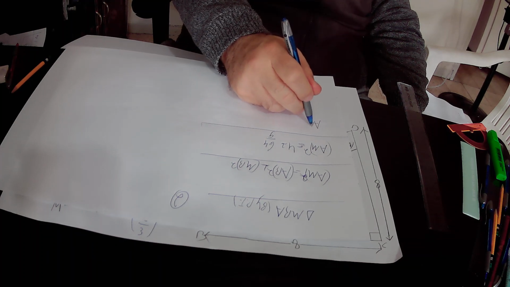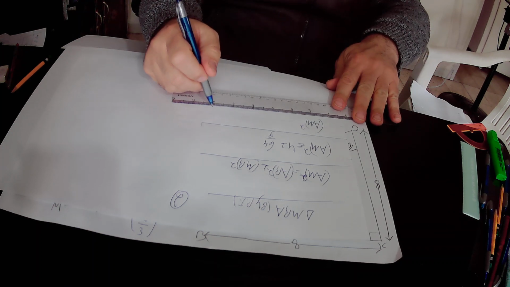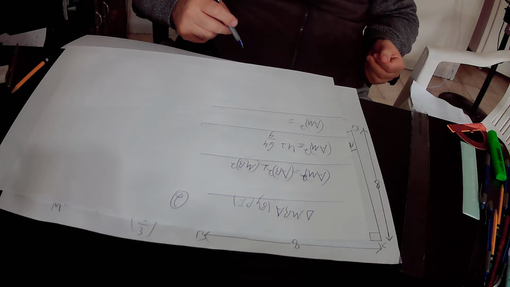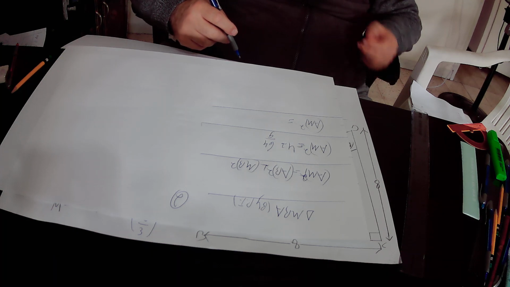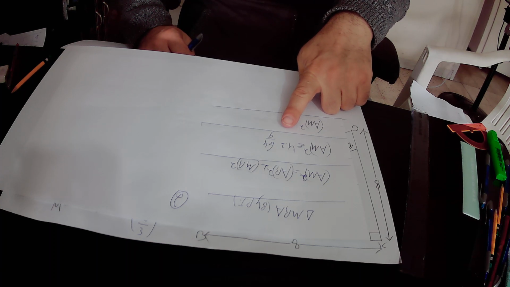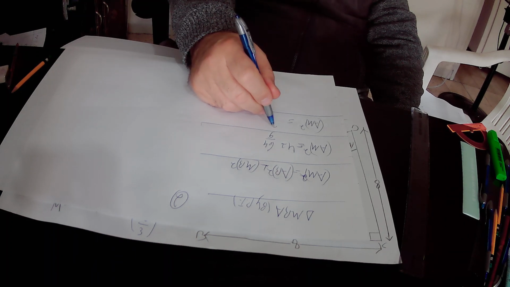So AM squared equals 4 plus 64 over 9. We will multiply 4 by 9 and then divide it by 9 in order to overcome the fraction with 64 over 9. So 4 times 9 is 36.